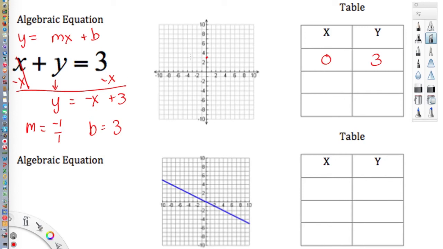So my slope is negative 1, which means I go down 1 to the right, down 1 to the right, because my rise over run is negative 1 over 1, and so forth. Let me connect these lines like so.